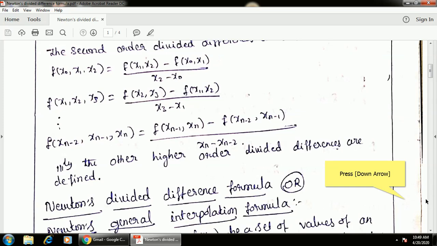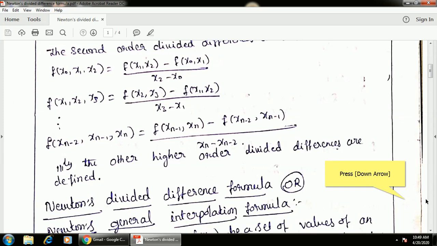Last value minus the first value. Similarly, second order divided difference of the function at x1, x2, x3 is f of x2, x3 minus f of x1, x2 divided by x3 minus x1, etc. Similarly, we can define the higher order divided differences.